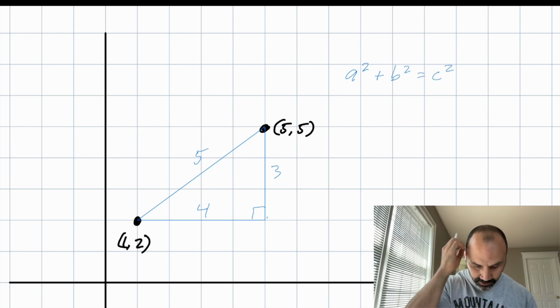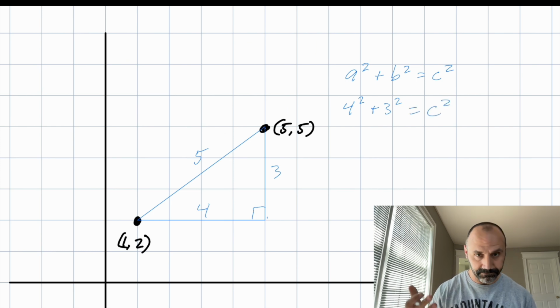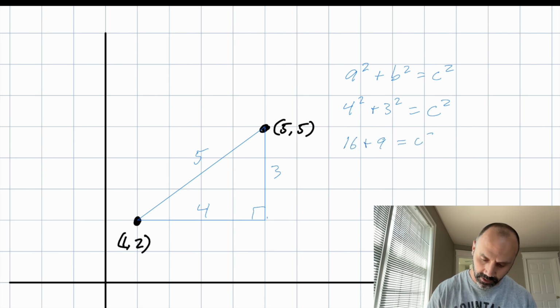And so when I plug my numbers in, a could be the 4, so 4 squared plus 3 squared equals c squared, where c is going to be that hypotenuse, that distance between them. So this is 16 plus 9 equals c squared, so 25 equals c squared. Take the square root of both sides, and you get that 5 equals c.